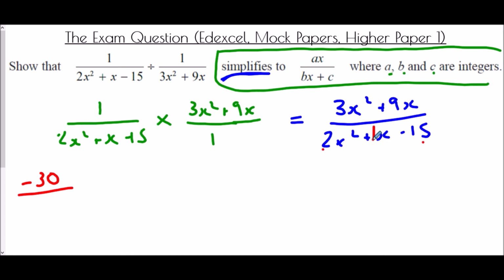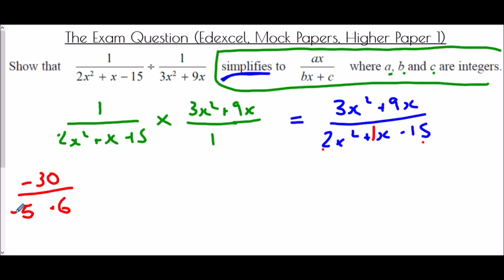In this case, we could have 1 and 30, 2 and 15, 3 and 10, lots of others, but I know it's going to be 5 and 6 in some way, because the difference between them must be 1. And if it's going to make a positive 1, the 6 must be positive and the 5 must be negative.